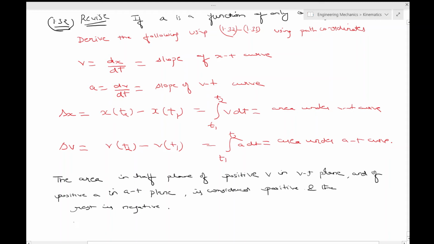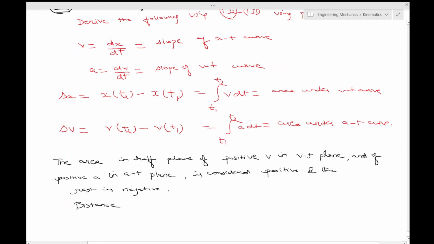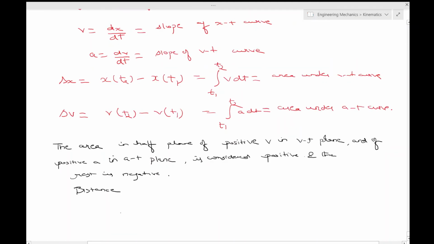So the distance d12, the distance traveled from time 1 to 2, is equal to the integral from t1 to t2 of modulus of v dt, which is the sum of magnitudes of areas under the vt curve.